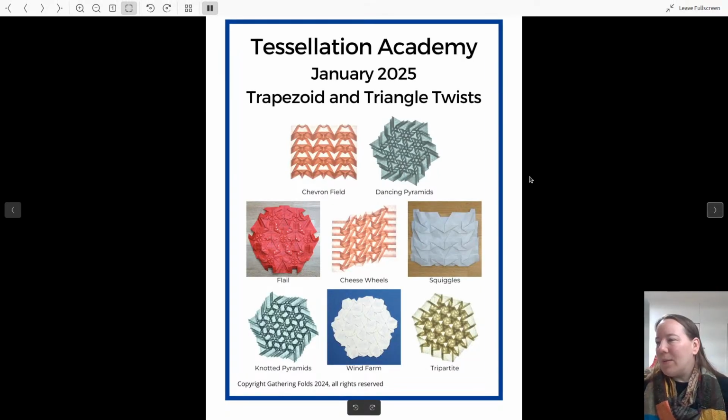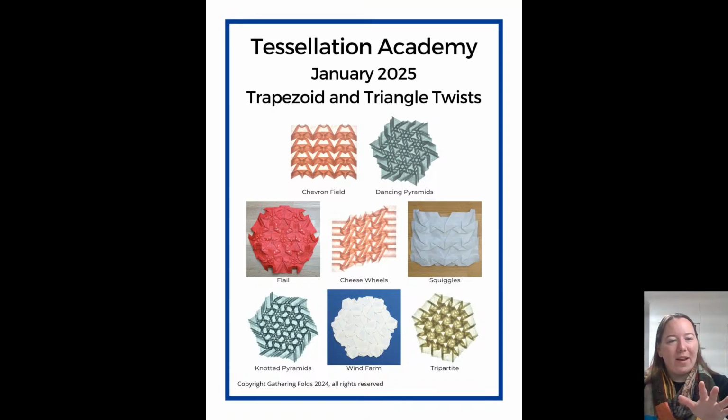This January, we were looking at patterns that can be folded with only trapezoid and triangle twists. So we've got patterns that are in stripes. There's actually 2 different ways to do stripes with trapezoids and triangles.